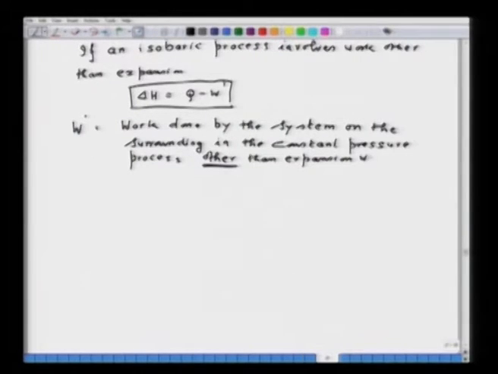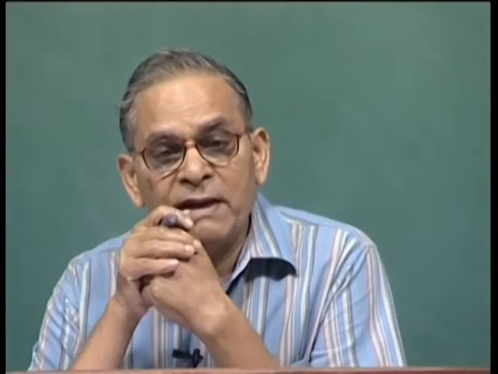As I have just given an example, an electric furnace also operates at constant pressure. So minus W means that much amount of electricity has to be supplied into the system.